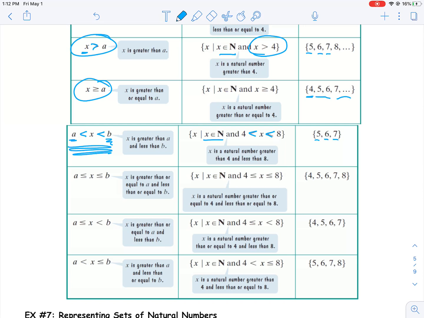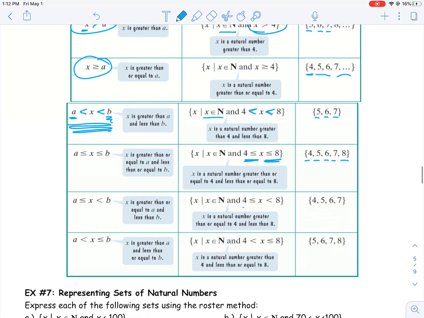So that would be my set in roster method. Or I might be greater than or equal to 4, but less than or equal to 8. So then I'm going to start at 4 and include 4, 5, 6, 7, and I'm going to include 8 in my set. I could be greater than or equal to 4, but just less than 8. Or I could be greater than 4, but less than or equal to 8. So being very careful to look at the symbol to let me know what numbers are included in my set.